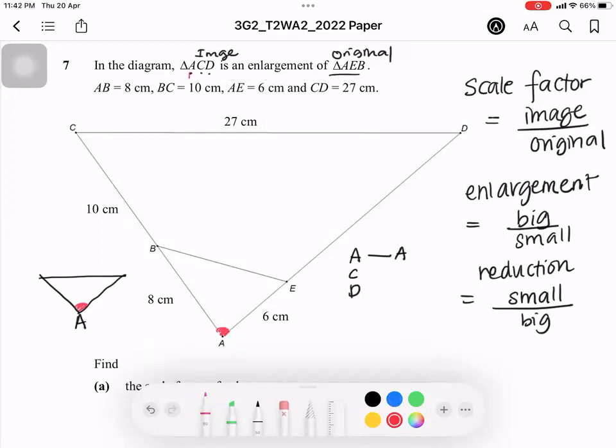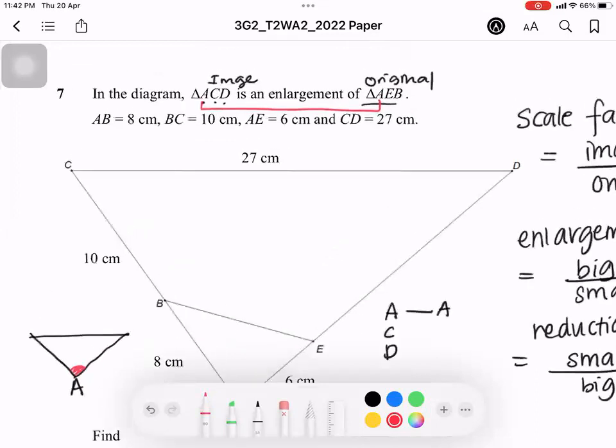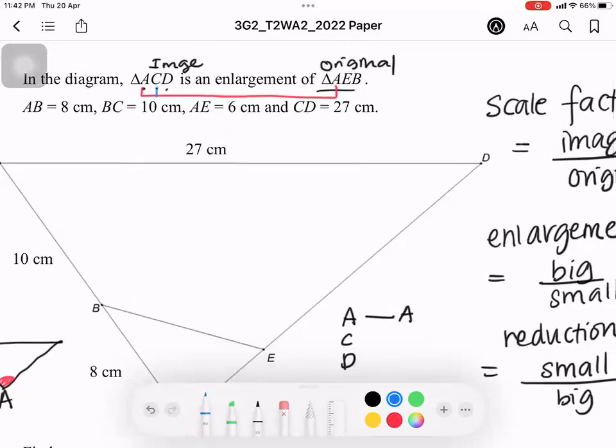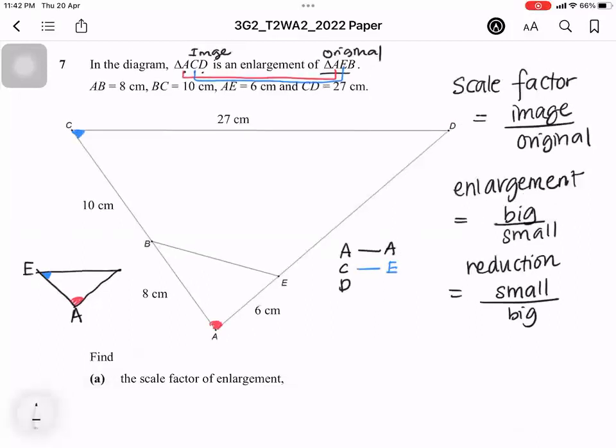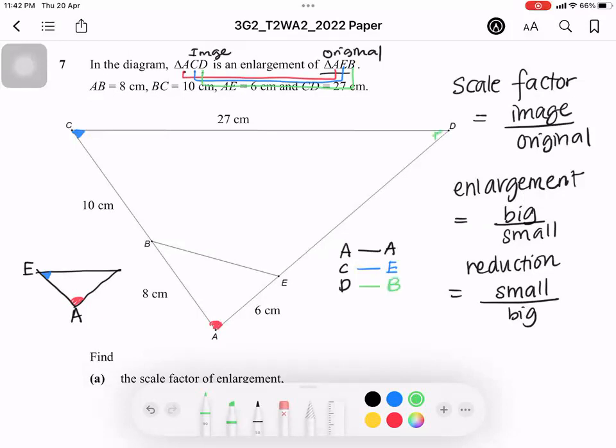A with A. Then the next one, I'll match C with E. C matches with E. And last but not least, D with B. So D matches with B.